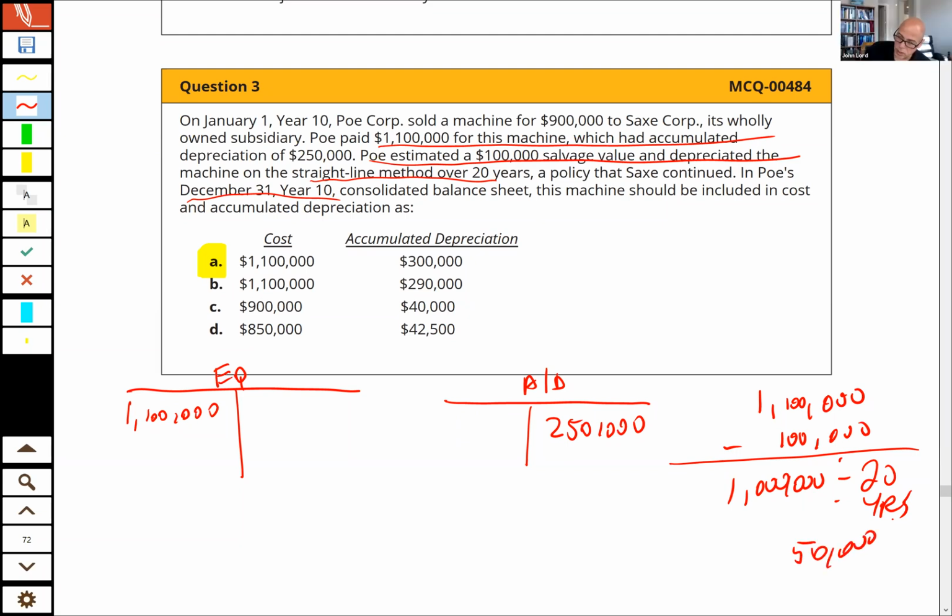From the consolidated company standpoint, I should have debited the depreciation expense and credited the accumulated depreciation $50,000, based on Poe's cost. By December 31st, the equipment account didn't get touched. From the standpoint of the consolidated entity, the equipment account should still show what we paid for this equipment. But for the accumulated depreciation, it is what it was at the beginning of the year, plus the additional $50,000 I should have taken based on Poe's cost and estimated salvage value and life.